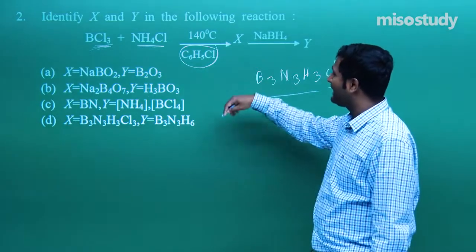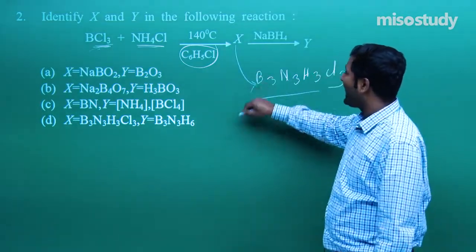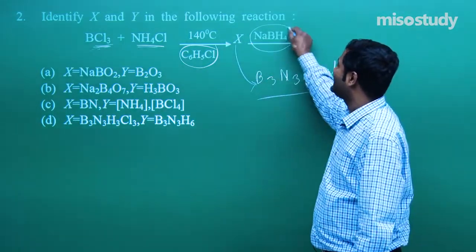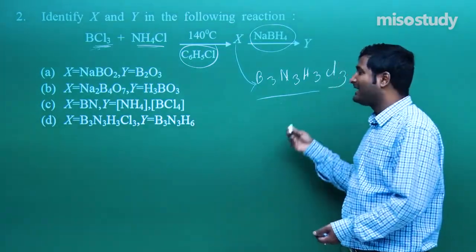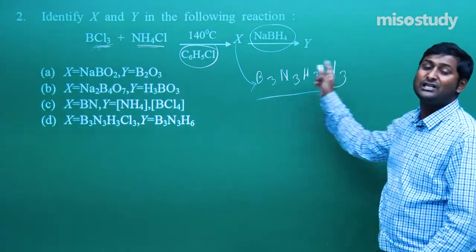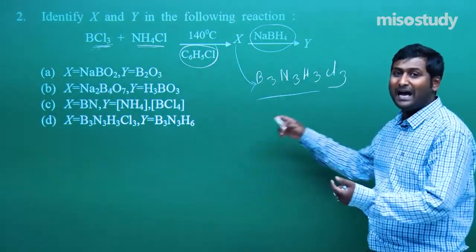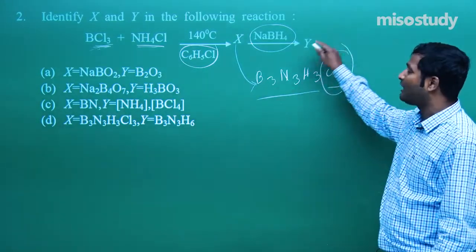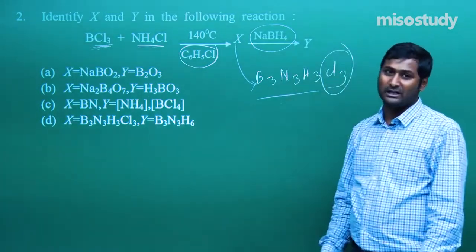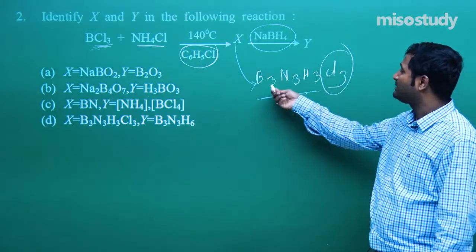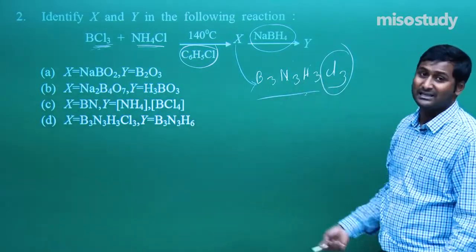Now why am I telling like this? Because if this is X, then the next reagent is NaBH4. Reduction takes place, that is the addition of hydrogen, and here the removal of chlorine takes place, not only the removal of oxygen. Clear to you? So the product is B3N3H6.